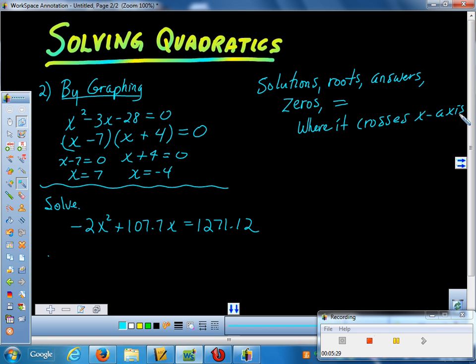I don't think you want to try to factor that baby. But it is in a proper form that I can actually put it in my calculator. What do I need to do? Yeah, it has to be equal to 0. So we would have to move over the 1,271.12.